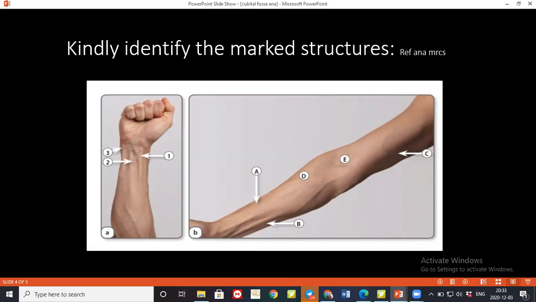It aids in extension of the elbow and stabilizes the joint. It has the same nerve supply as triceps. So its basic function is extension of the elbow and stabilization of the elbow joint.